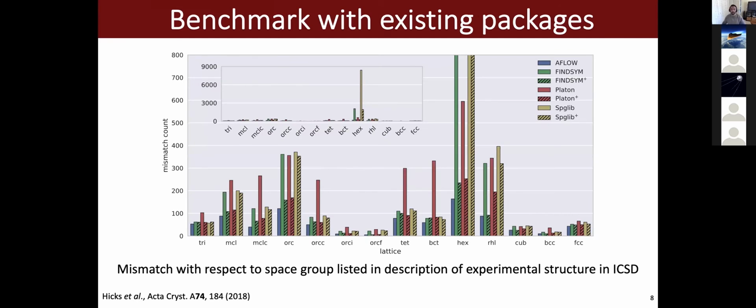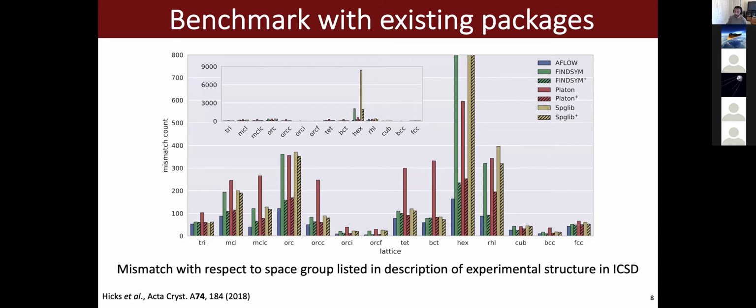All right, so I went through all of these details, and so maybe your next question would be, okay, how does AFLOW-SYM perform against some of the standards or other packages in the community? So we did this benchmark. We took systems in the Inorganic Crystal Structure Database, and from this data set, they report the experimentally determined space group.